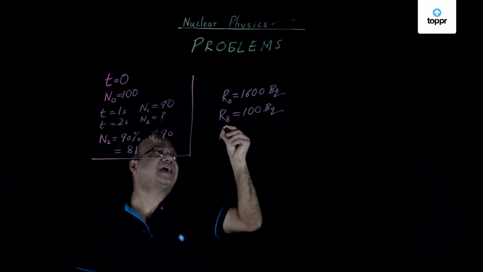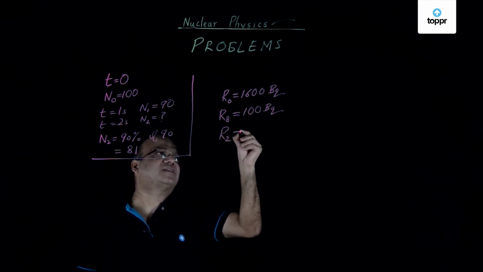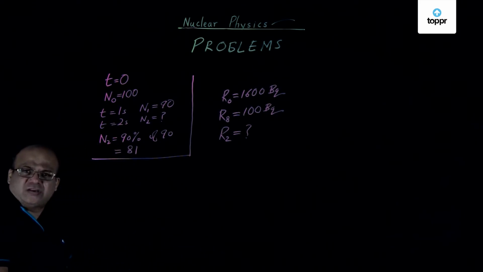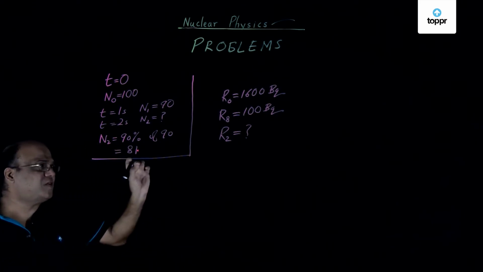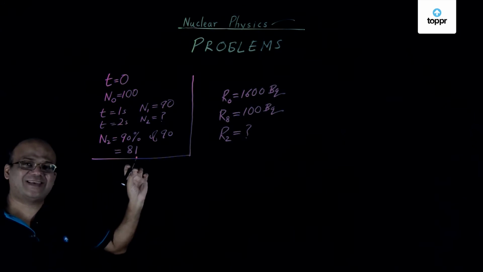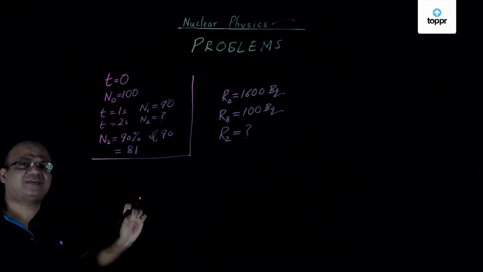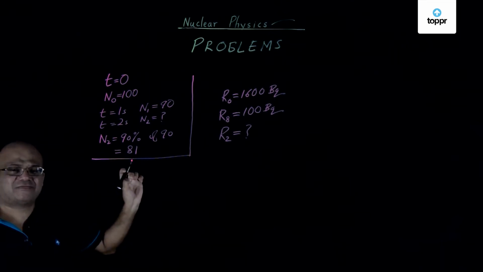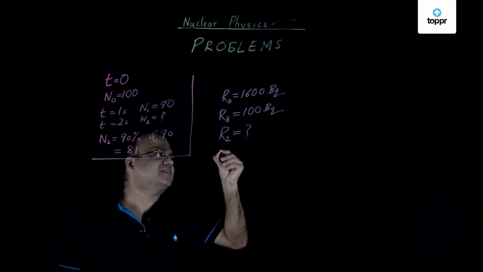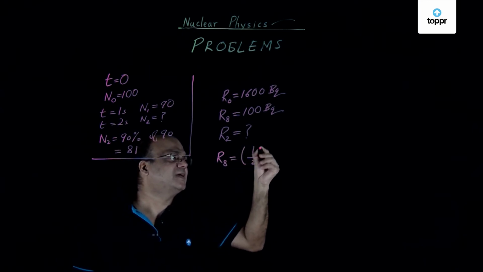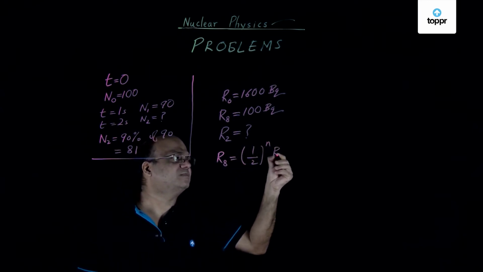The question is, find the activity at 2 seconds. Now you can apply the radioactive decay law, but the easier way of doing this is using the fact that every half-life the activity becomes half. So R8 will be half to the power n into R0.